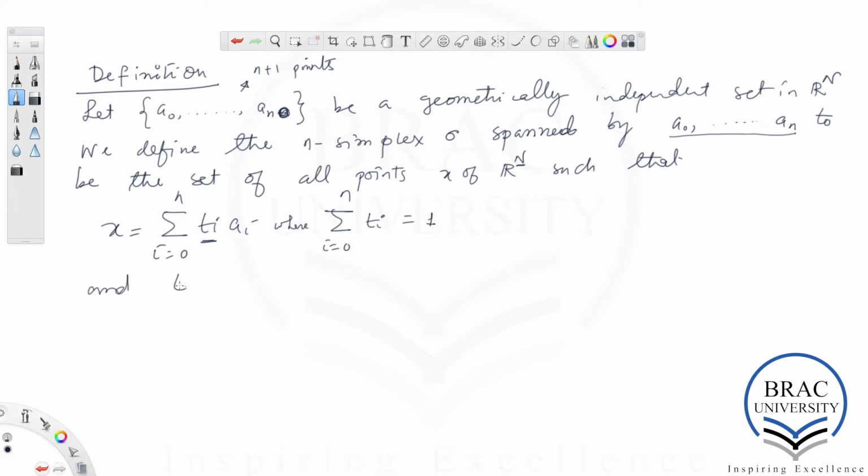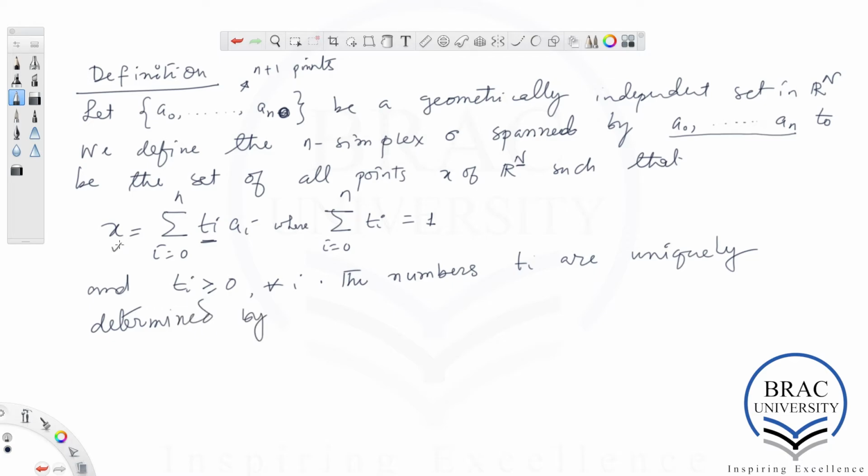and each of these scalars is non-negative. The numbers ti's are uniquely determined by this given x, by the point on the n simplex, and they have a certain name.